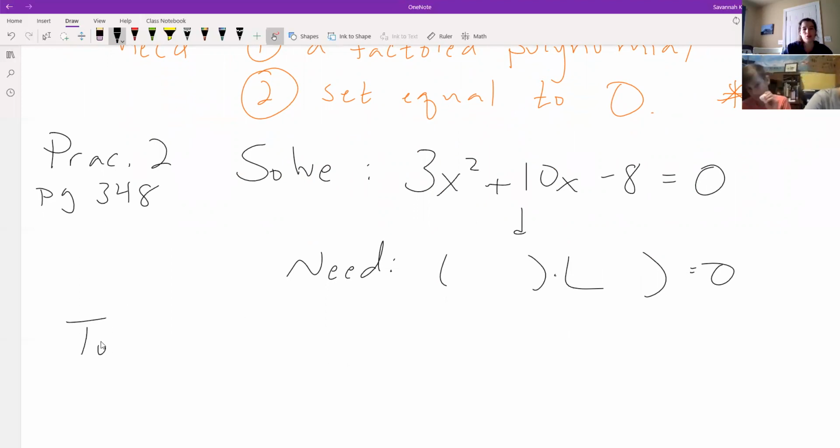So to factor, there were two things that we talked about on Tuesday. Can anybody remember what is the first thing I should always do when I'm factoring? I could say, what's the first thing I should look for?